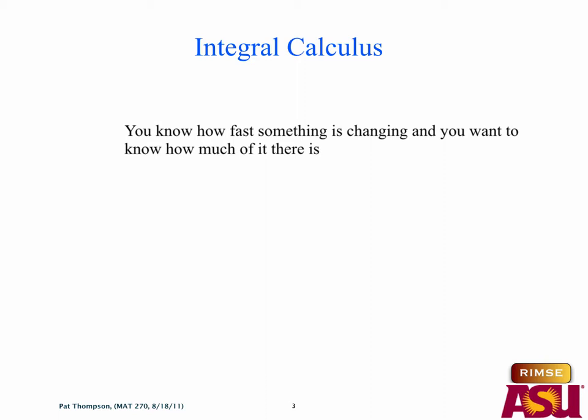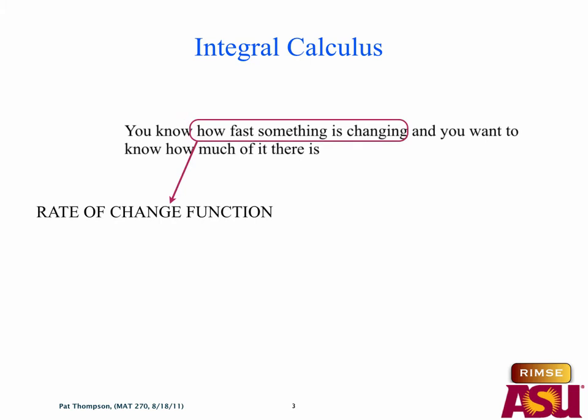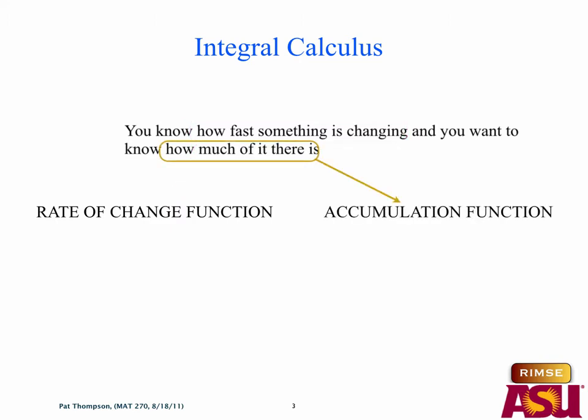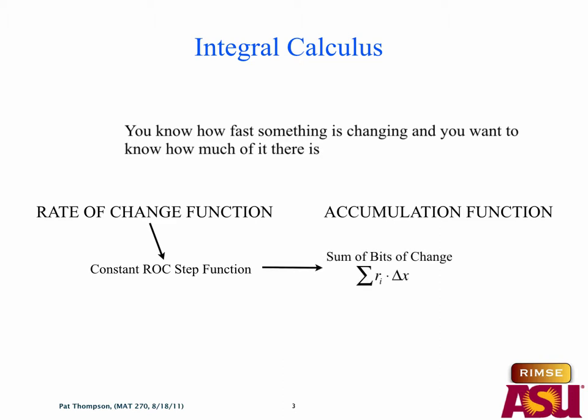The way that this has looked for us is to have an exact rate of change function, and then our goal is to write an accumulation function. The way that we built that up was to define an approximate rate of change function, which we called the step of x, and use that to create an approximate accumulation function by adding up sums, adding up little bits of changes.